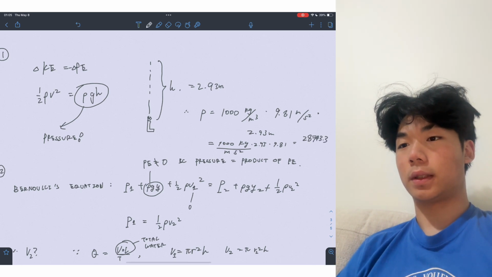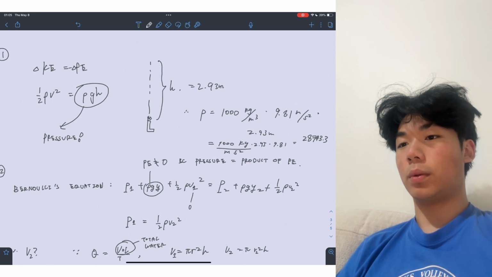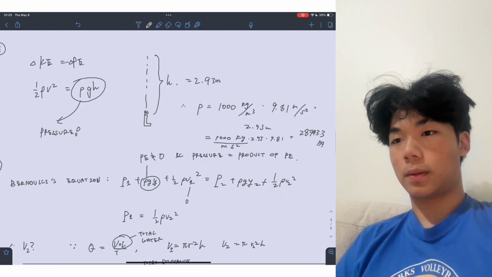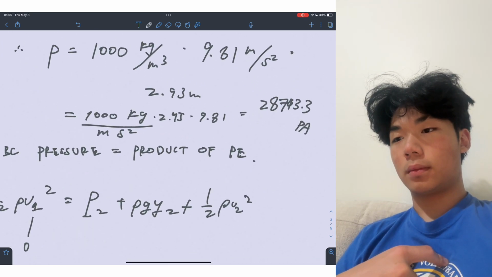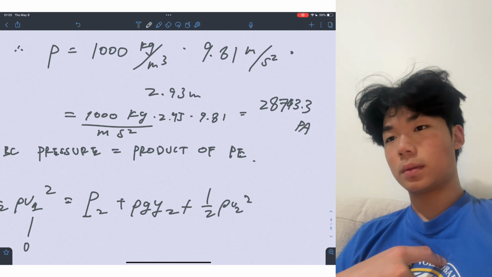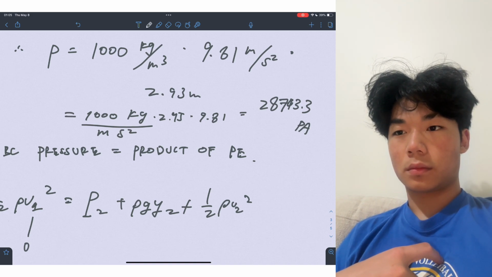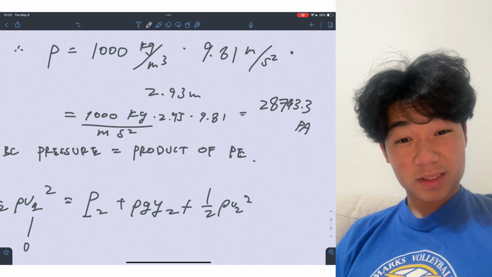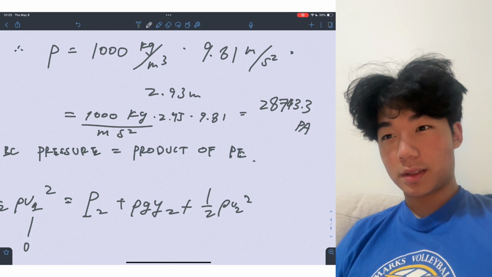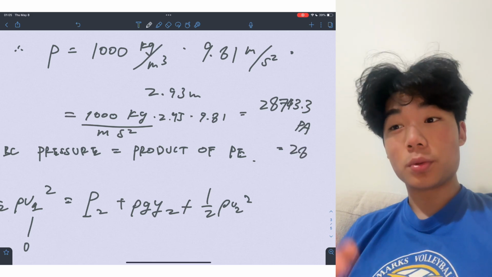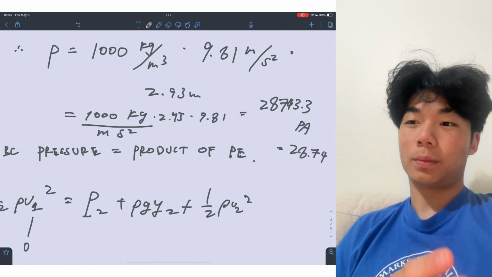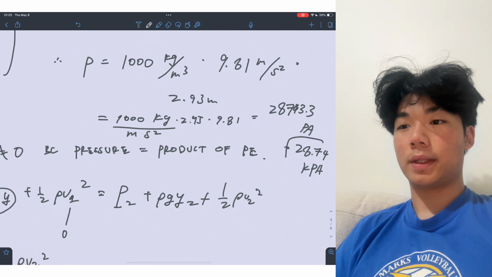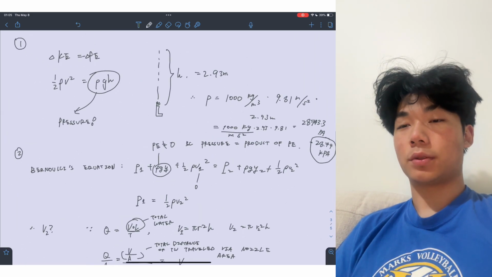If you want to convert it to kPa, it would be 28.743, and with two significant figures, it would be 28.74 kPa, which in terms of PSI is 300-something.